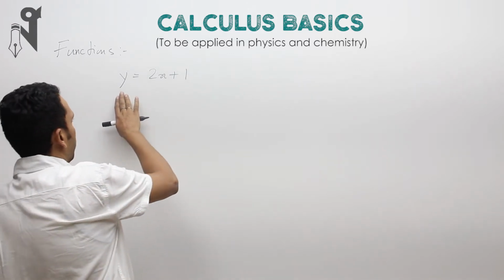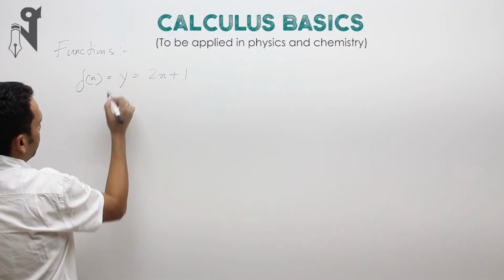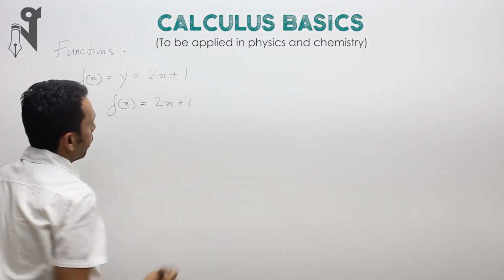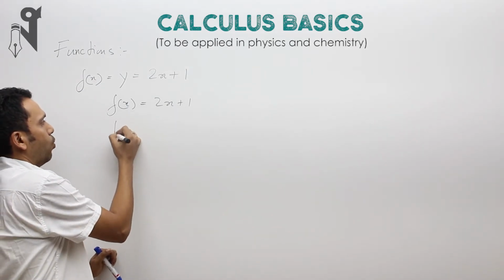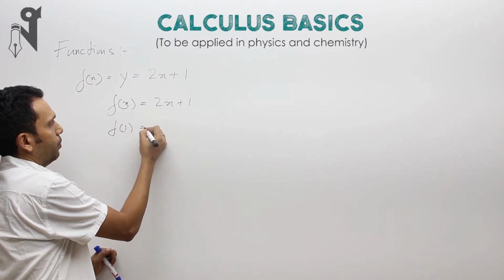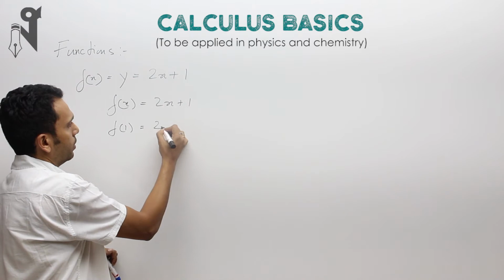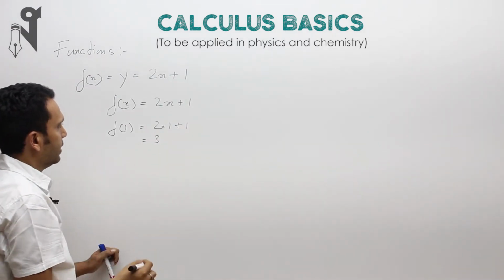So now instead of calling it just y, we call it a function of x. Say it is defined like this, and then I say what is f(1). It means wherever x is in the expression, you replace the x with a 1. So you get 2 into 1 plus 1, which is equal to 3.